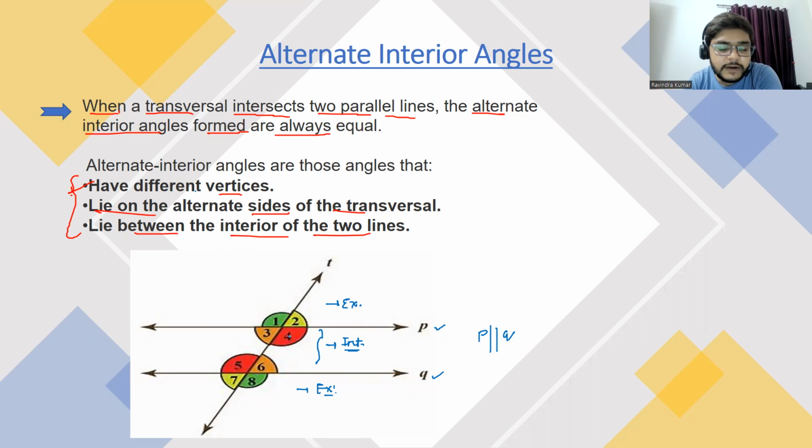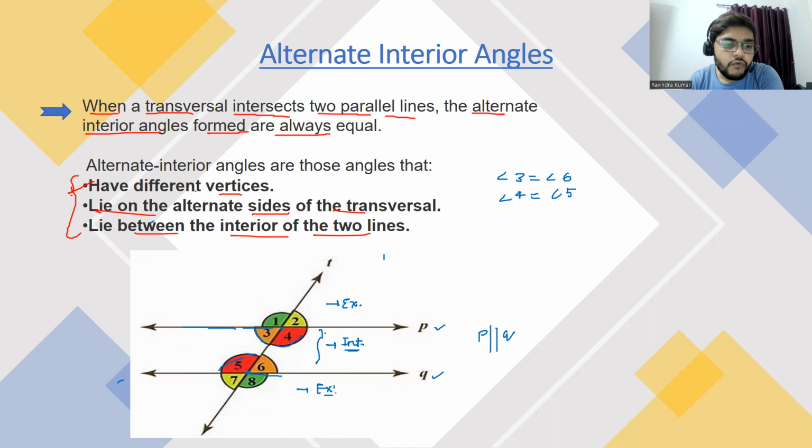You can see from here, angle 3 has this vertex and angle 6 has this vertex, and both angle 3 and angle 6 lie on alternate sides of the transversal, because angle 3 lies on this side and angle 6 lies on this side. So we can say angle 3 is equal to angle 6, right? In the same way, angle 4 will be equal to angle 5 by the same property.